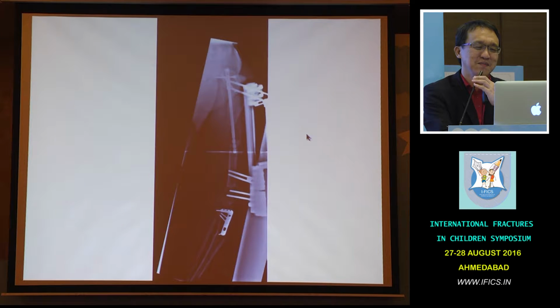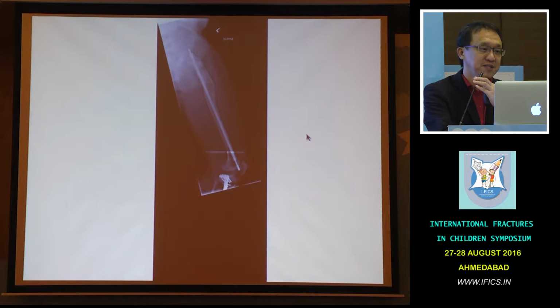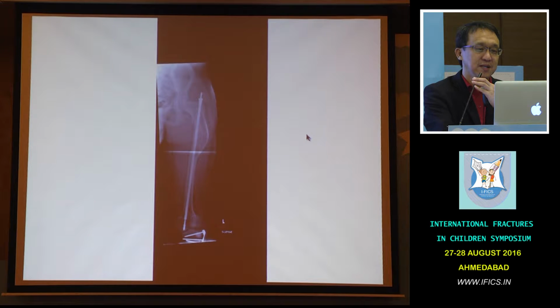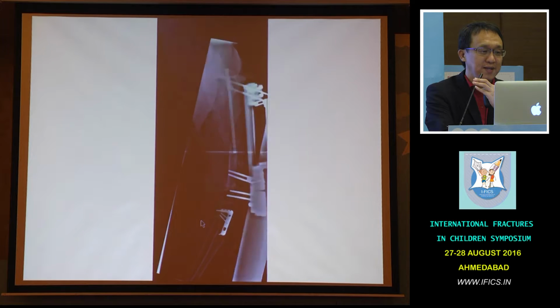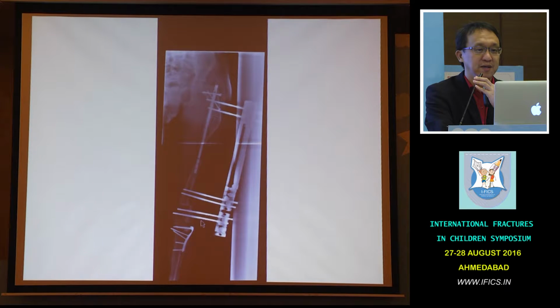Yeah. So this will happen, you lengthen, and the beauty is that, remember this case, you can see there is a fair bit of deformity in the distal femur as well. So while lengthening, we also correct the deformity at the distal femur.